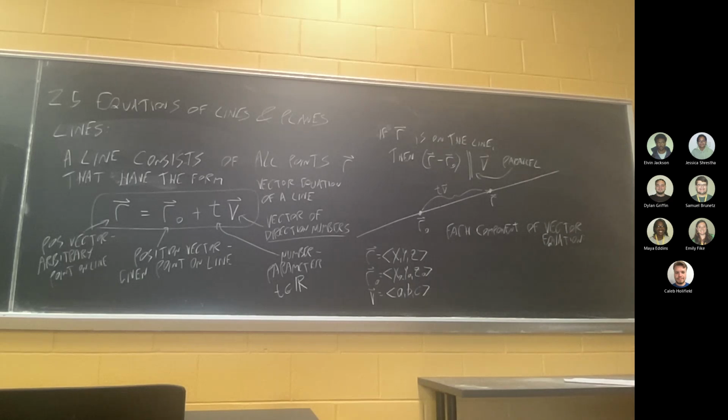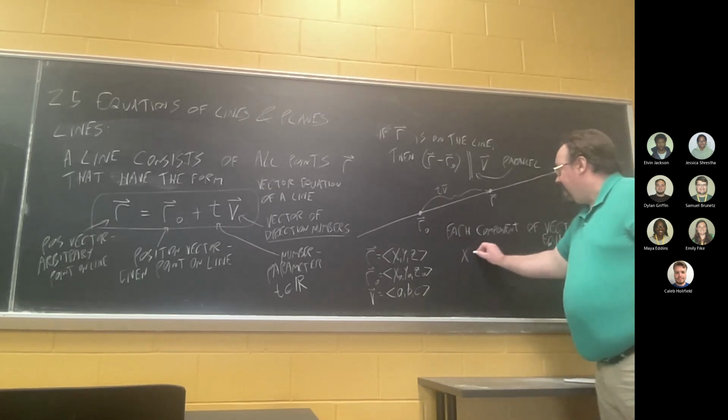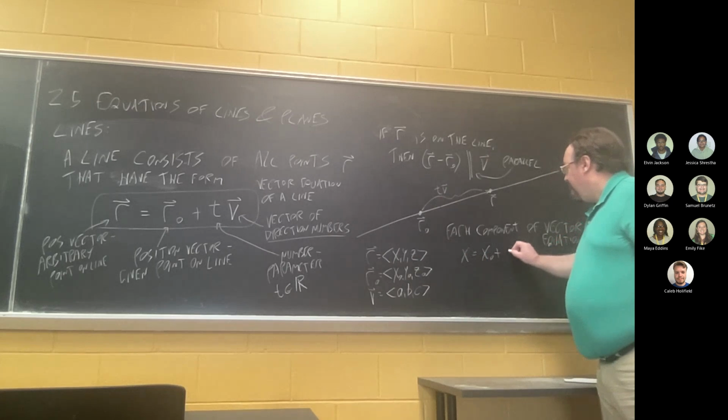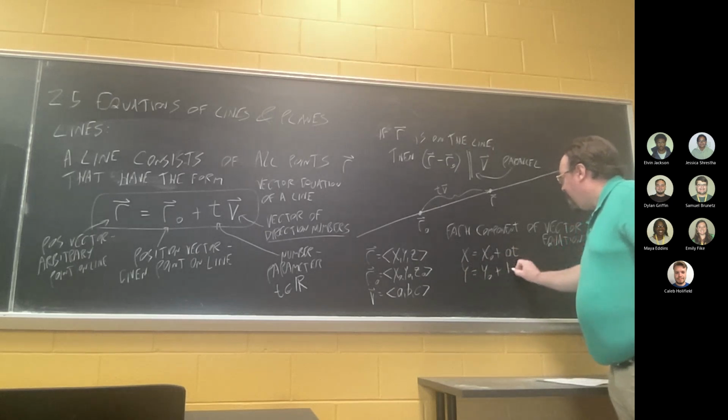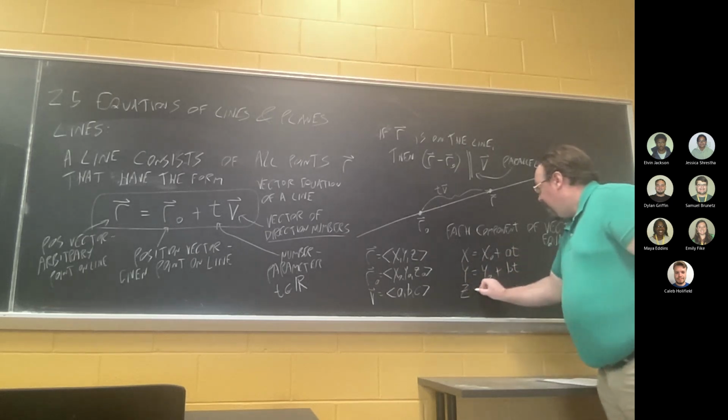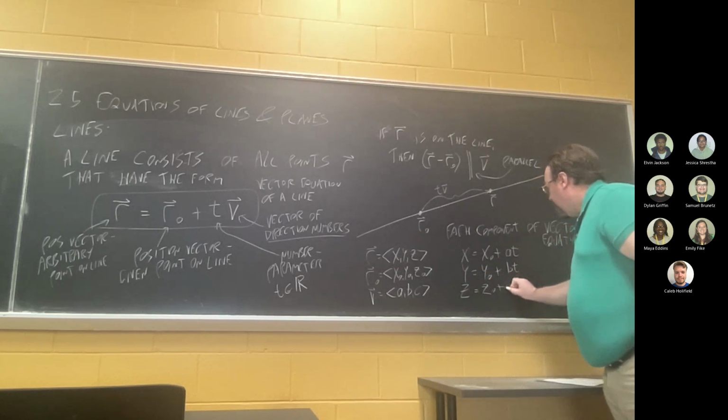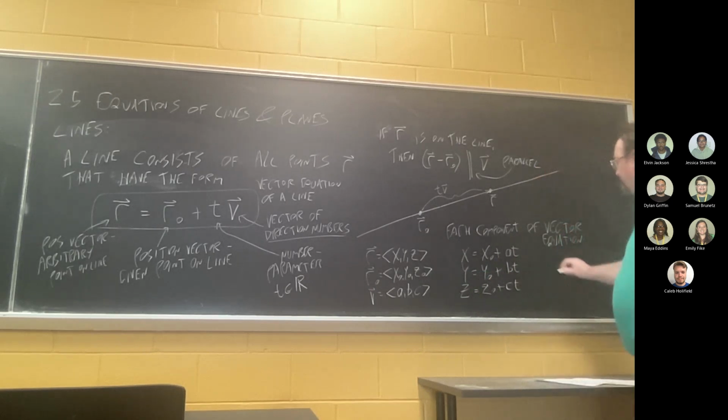Then if I go back to the vector equation and write out what it's saying in terms of the x, y, and z components, I have this: x is equal to x naught plus at. Similarly, y is equal to y naught plus bt. z is equal to z naught plus ct.